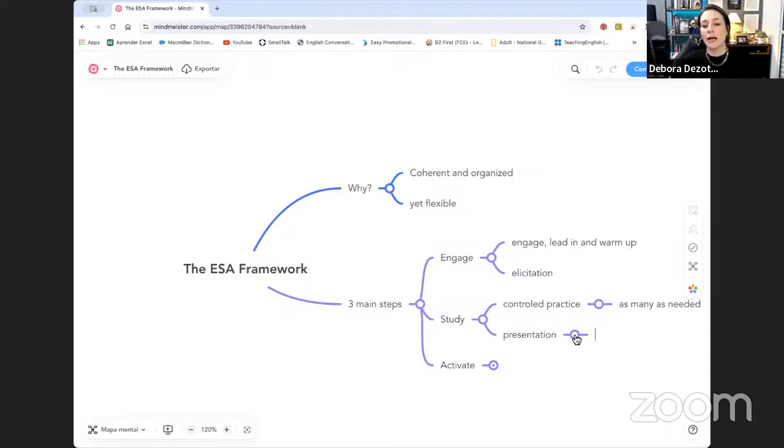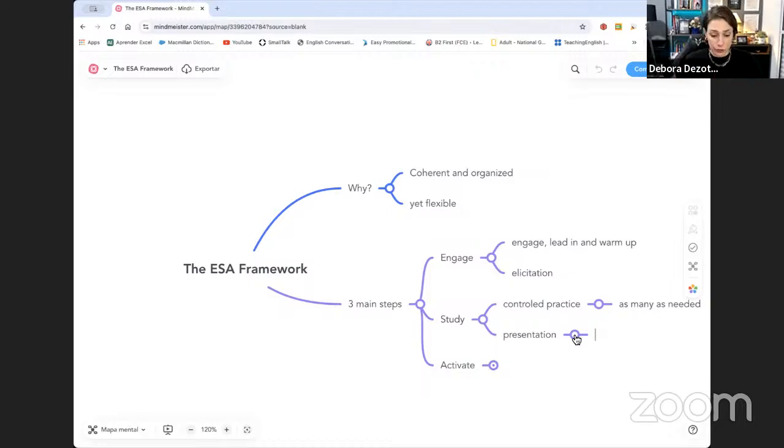And then here's the phase in this presentation phase where you give, again, the instructions, you help your students understand how that part of language works, be it vocabulary, be it grammar, be it pronunciation, whatever it is. For every aspect, for every point to be taught, there is a use for the ESA framework.